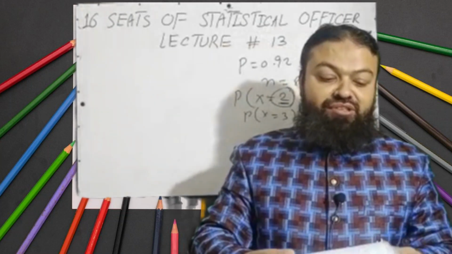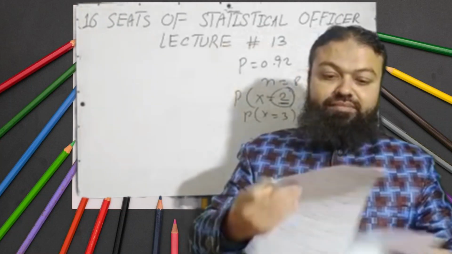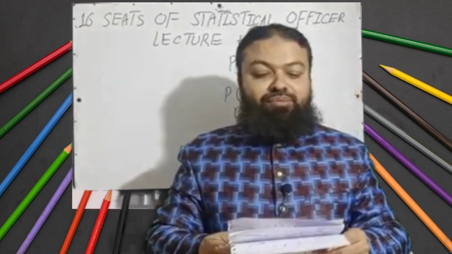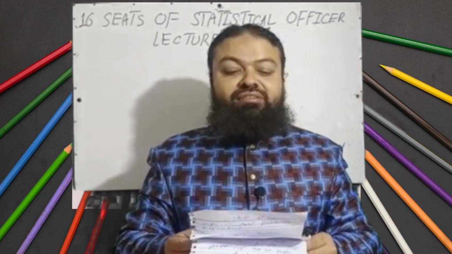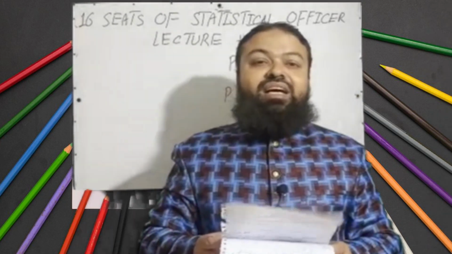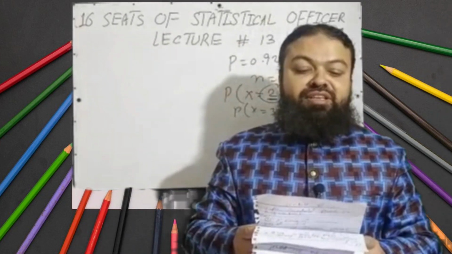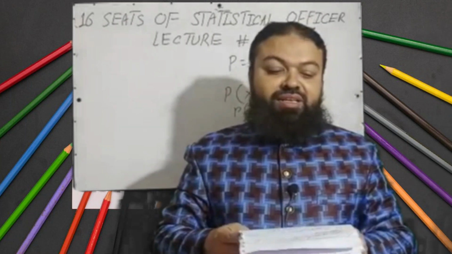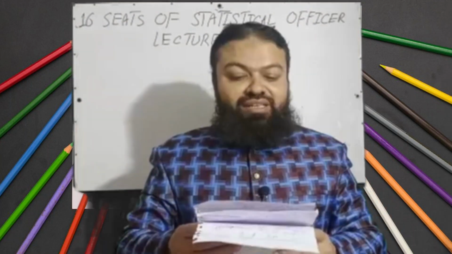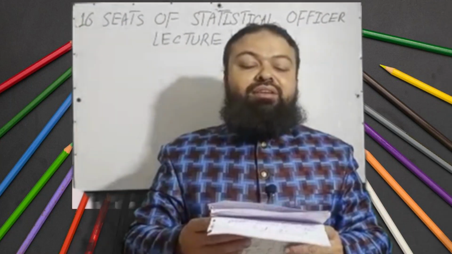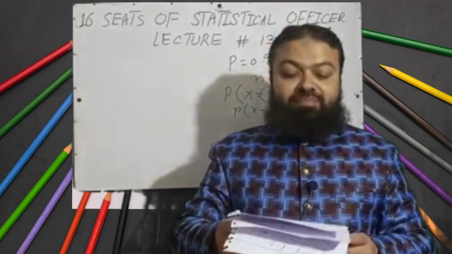Now question number 3: in which distribution the successive trials are with replacement? A, hypergeometric distribution. No, in hypergeometric we have without replacement. B, binomial distribution. Yes, in binomial distribution we have with replacement. Trials are with replacement.